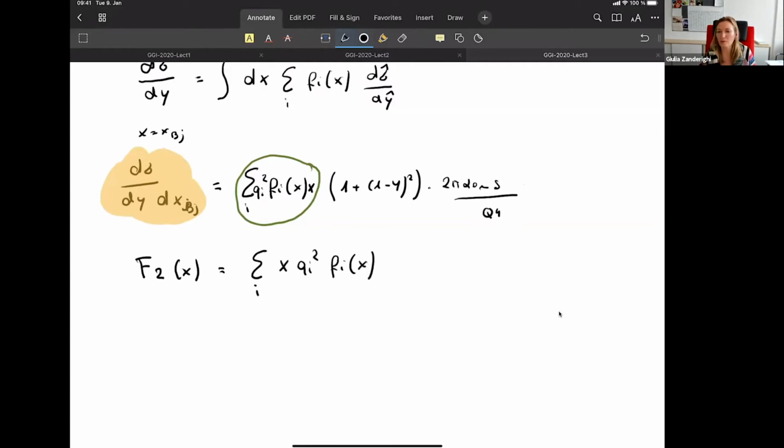This is the definition of the structure function. So for an electron scattering on a proton, this structure function to lowest order has this expression. So we have x times, now the charges, for instance, up has charge 2 over 3, so 4 over 9 times u of x plus 1 over 9 d of x.